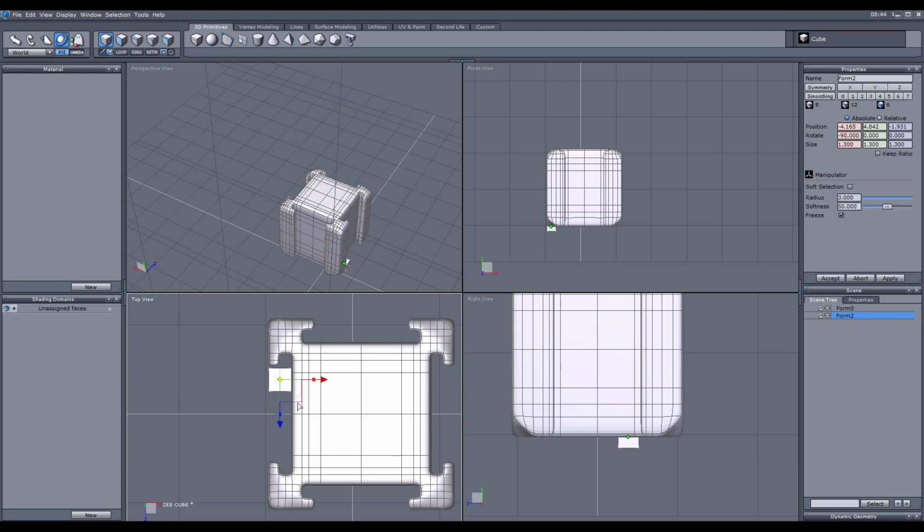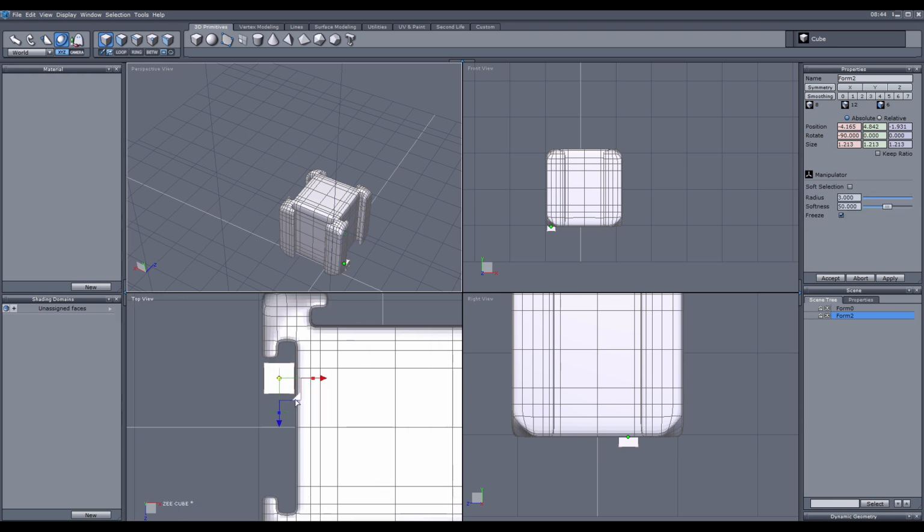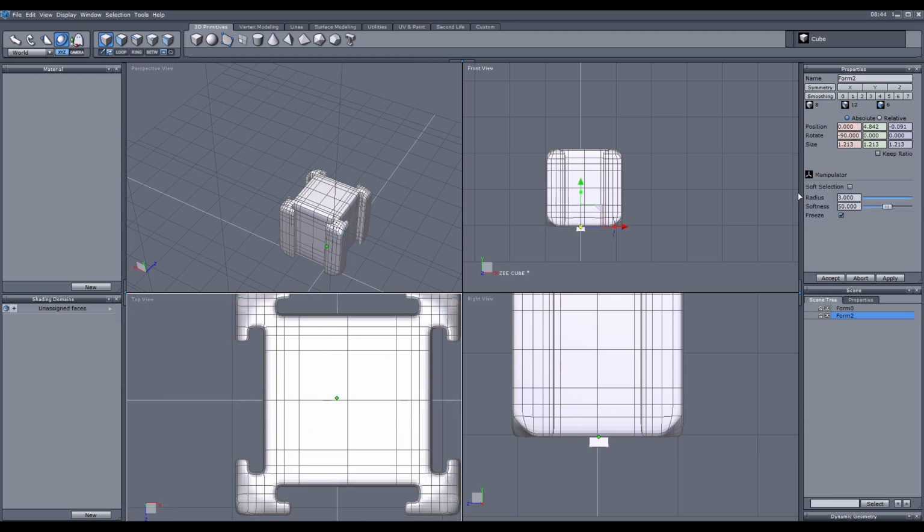Then I started doing the sides that I can switch. Again, I used the cube, very basic, very standard. You can see this here.